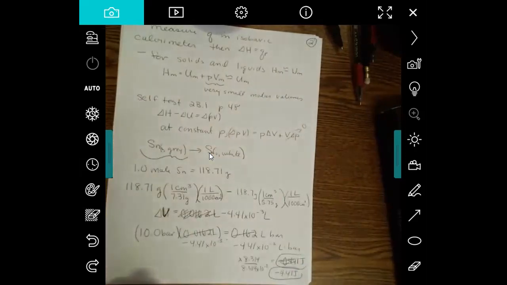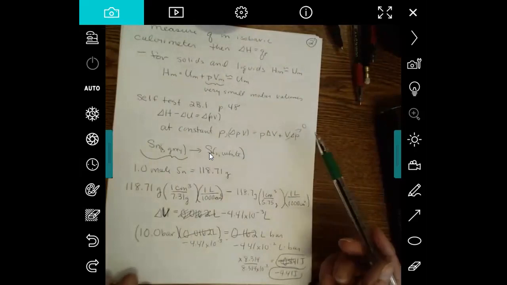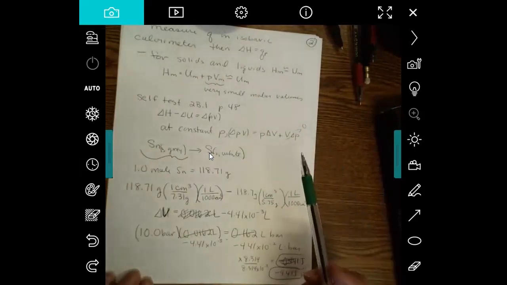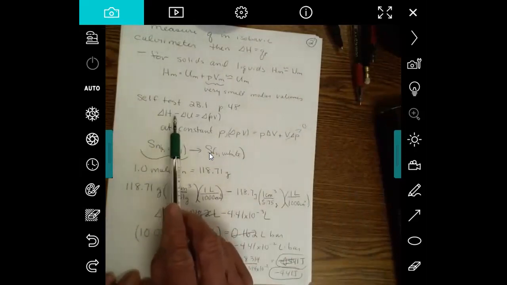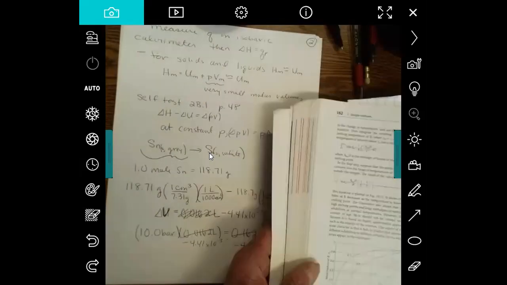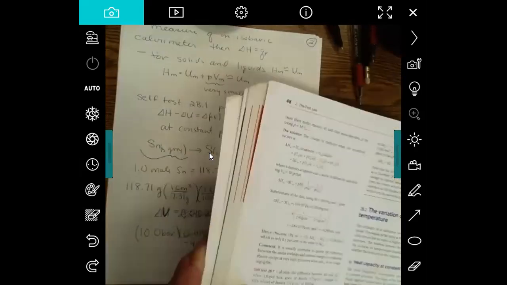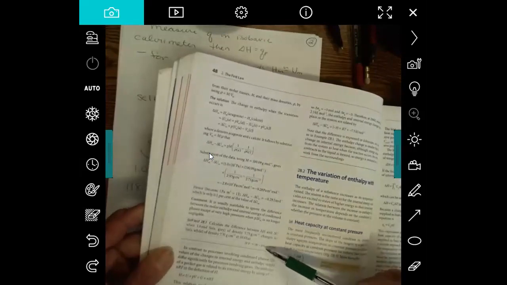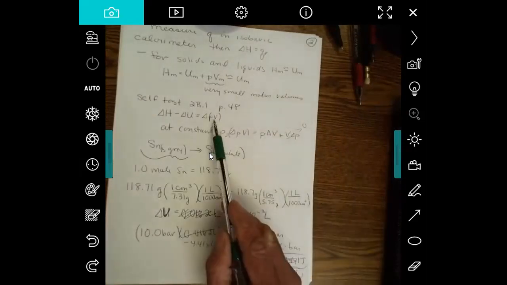On page 48, there's a self-test where they want you to calculate the difference between delta H and delta U. I should make sure I have that right, that they were asking for that versus the opposite. So yes, calculate the difference, and they're going to report their answer as delta H minus delta U. Delta H minus delta U is delta PV.